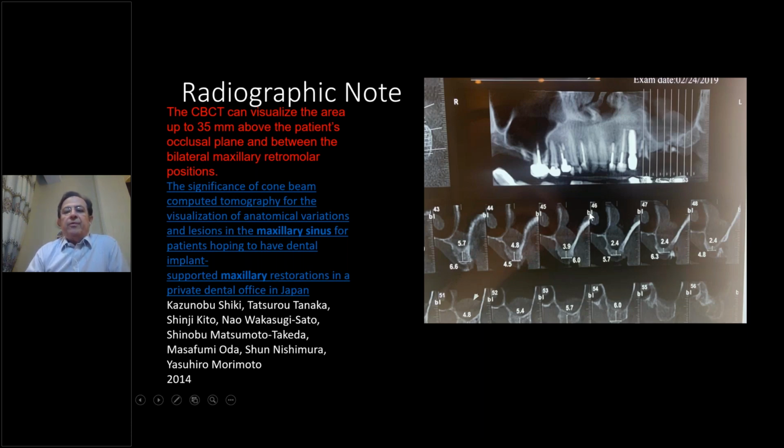If the patient has such a history, we must ask our radiologist to confirm the patency of the OMC. And if the CBCT scan cannot show it, then we must order a maxillary sinus CT scan specifically.